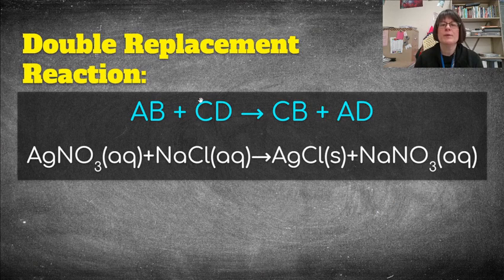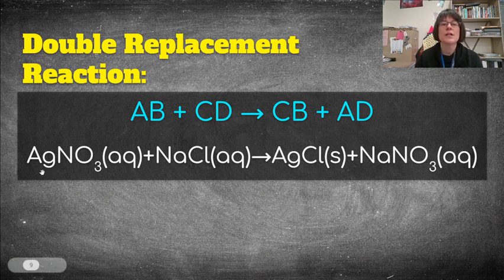A double replacement reaction is AB plus CD yields CB plus AD. I like to think of this as you're at a dance and there are 2 couples dancing, and then they switch partners and dance with a different partner. Okay, the 2 couples switch.